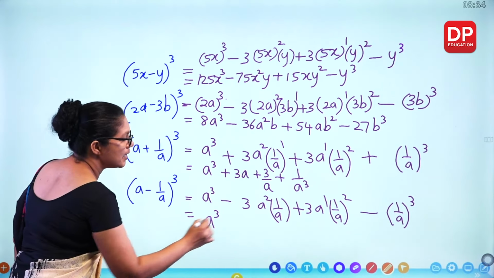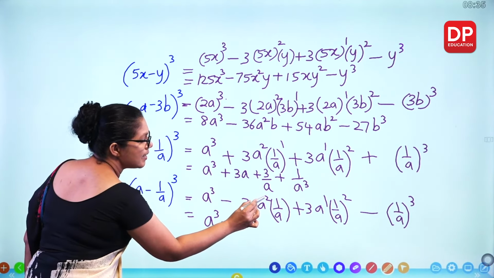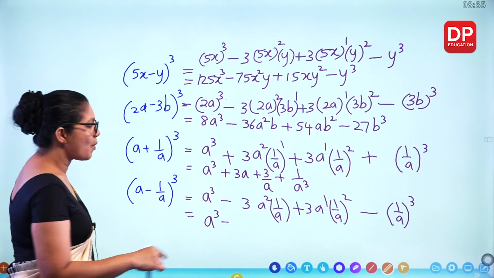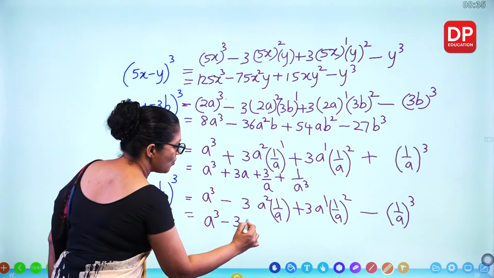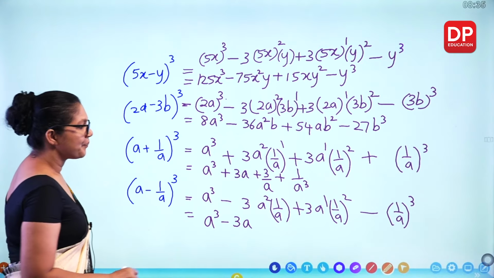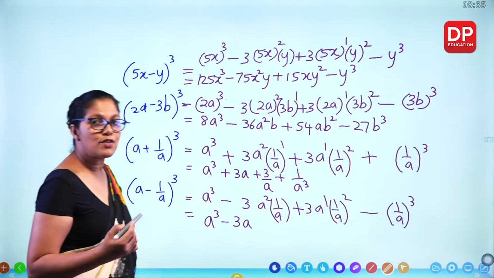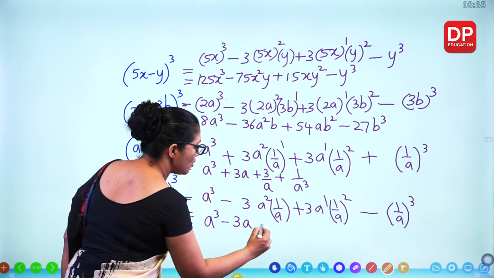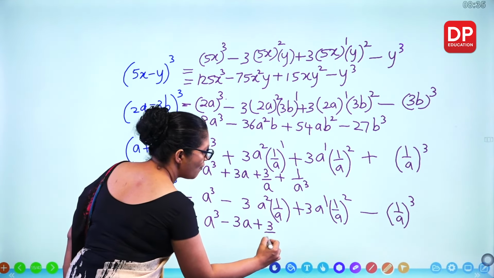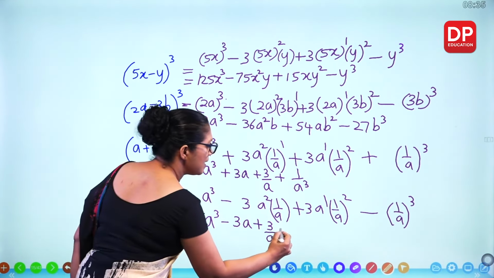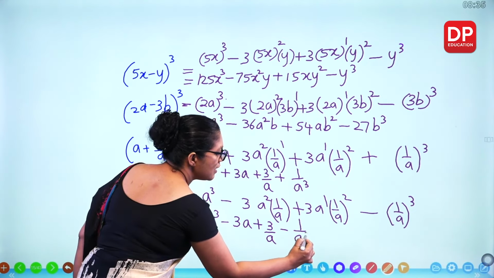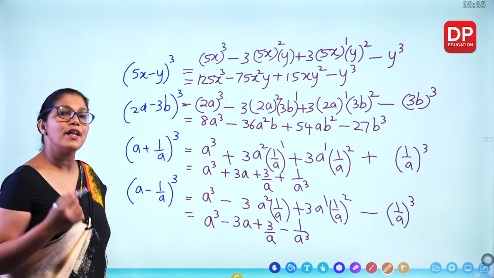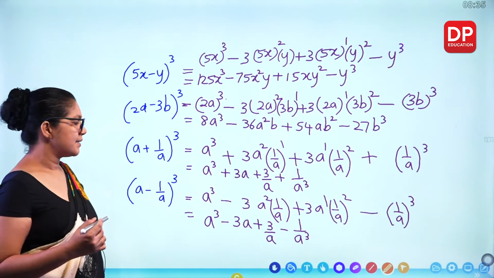A cube here minus 1. This is a squared in the numerator and a is in the denominator. So 1a get cancelled out. You get 3a. Here denominator is a squared. Numerator is a. When you cross out 1a, you get 3 over a there. And here 1 over a cube. Now see, it's really easy when you remember the pattern.